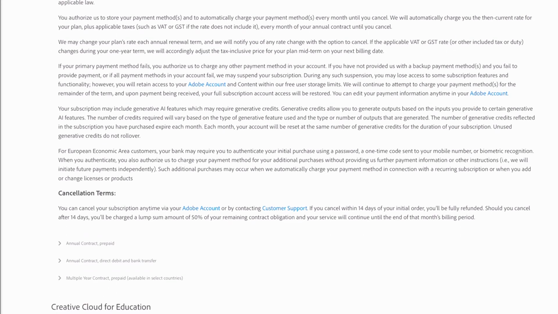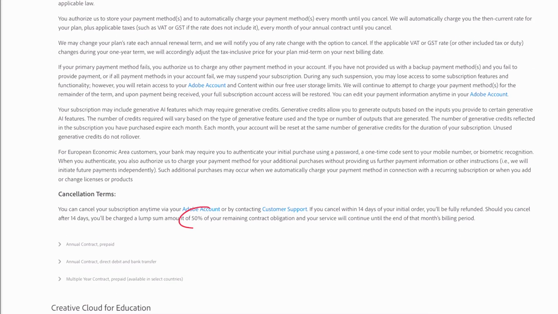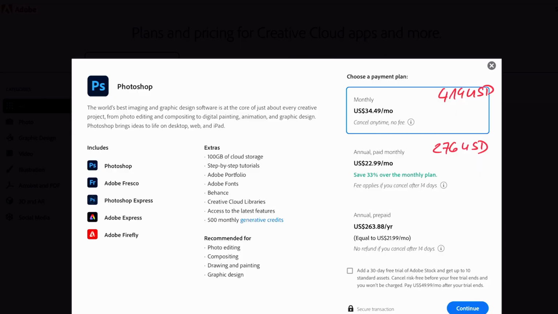As we can see in the cancellation terms, you are paying 50% of your remaining contract obligation, and your service will continue until the end of the month's billing period. So let's calculate it. Now let's talk about several possible situations. At first, let's assume that the consumer orders the annual plan, which is paid monthly, and cancels after 1 month.